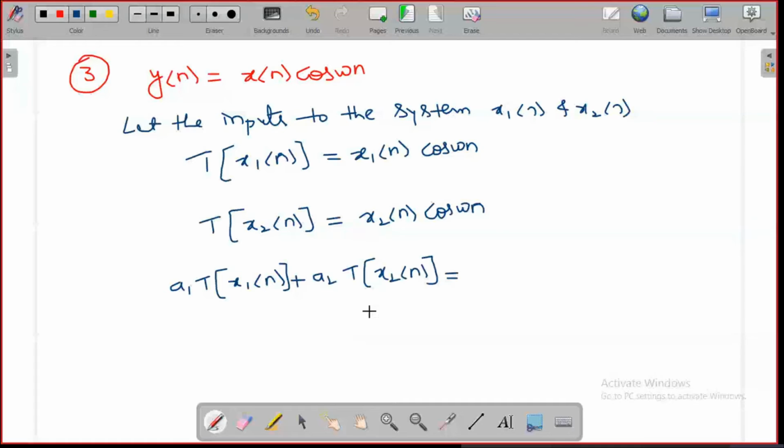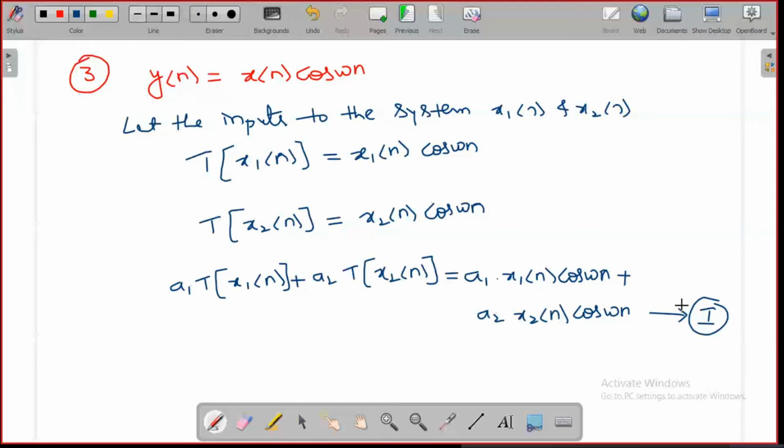The value a1 into T of x1 of n is x1 of n into cos omega n, plus a2 x2 of n into cos omega n. Let's take this as equation 1.